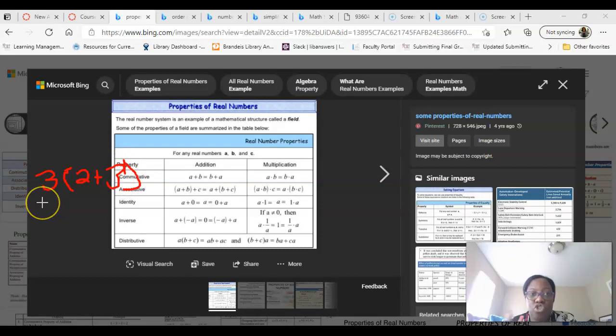You can do this problem 2 different ways. 2 plus 3 is 5, so you have 3 times 5, which is the same as 15.